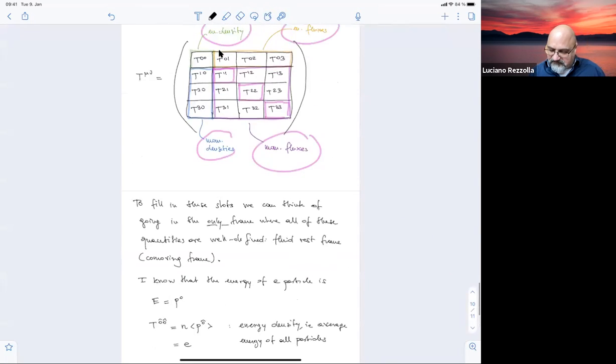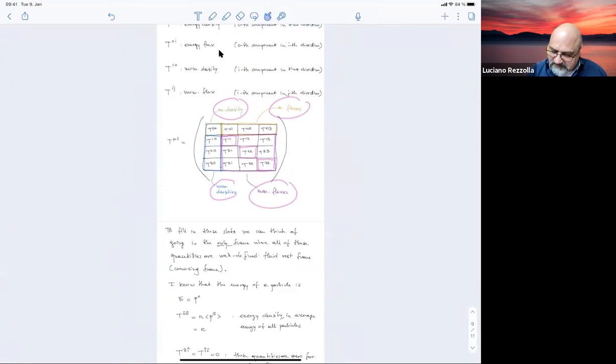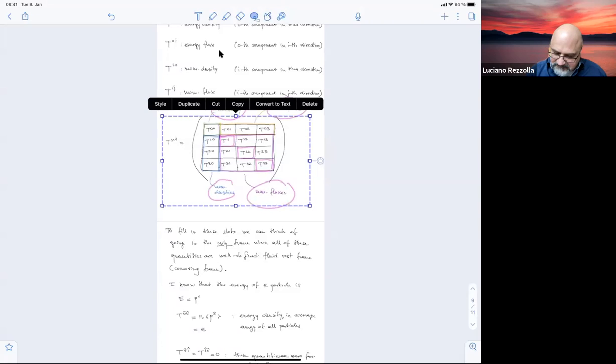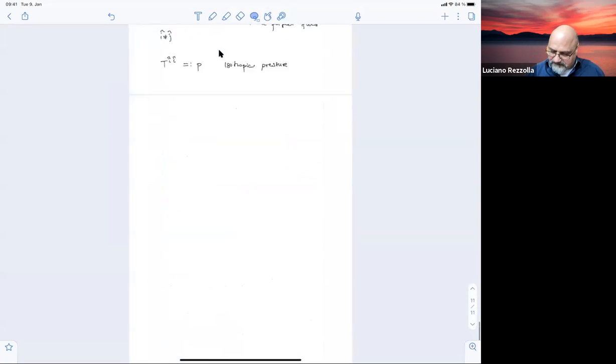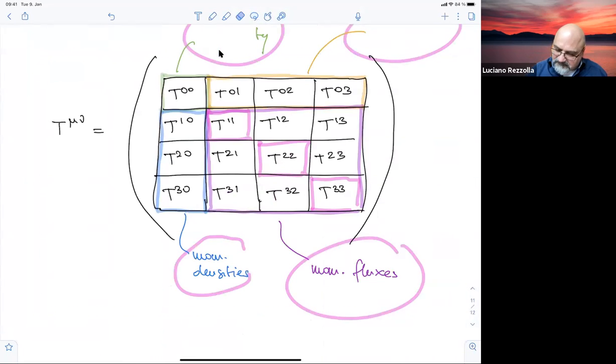So if I go back to this scheme over here and I try to get a copy and get rid of what I don't want to see.